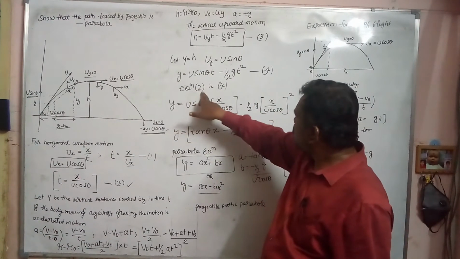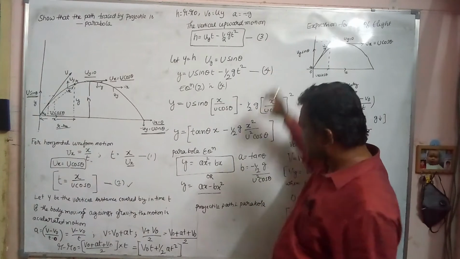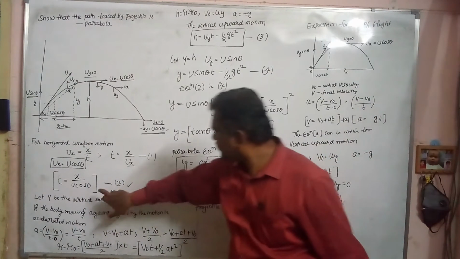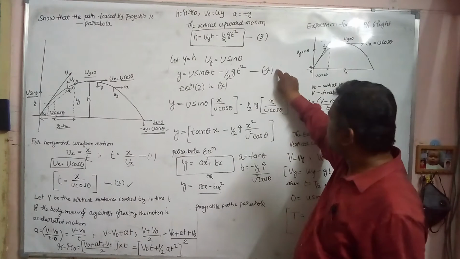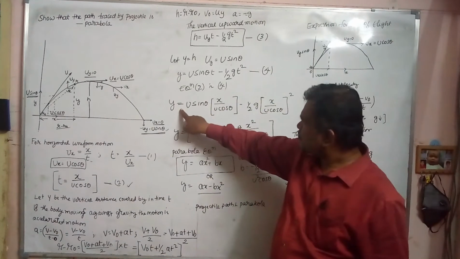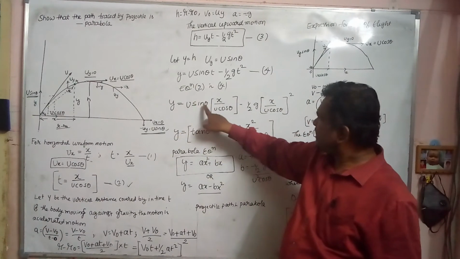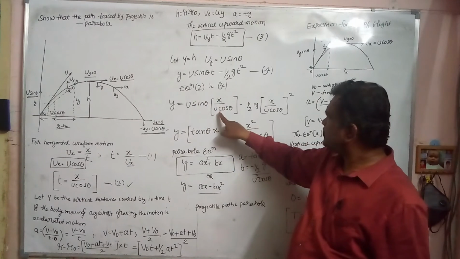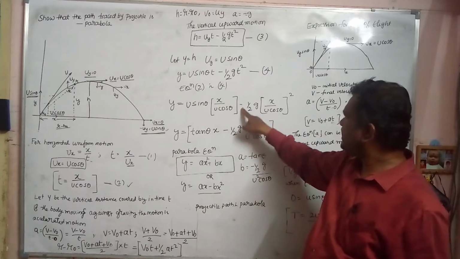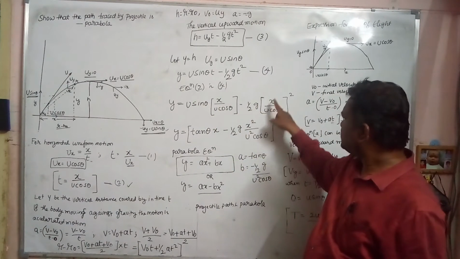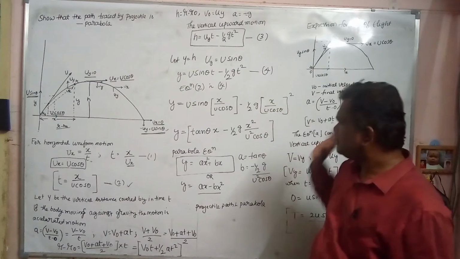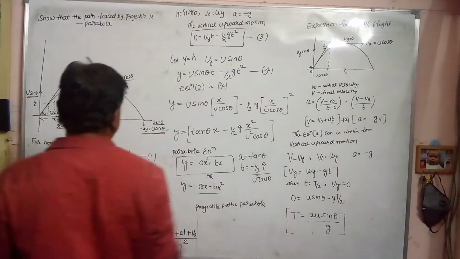Then equation 2 in 4. So take this equation 2 in 4. So y is equal to u sin theta times x by u cos theta minus 1 by 2 g times x by u cos theta, whole square.